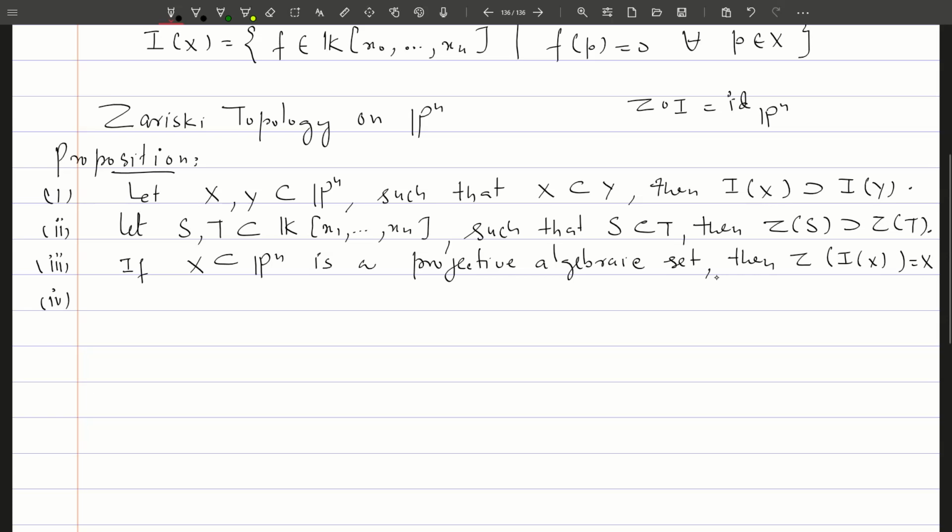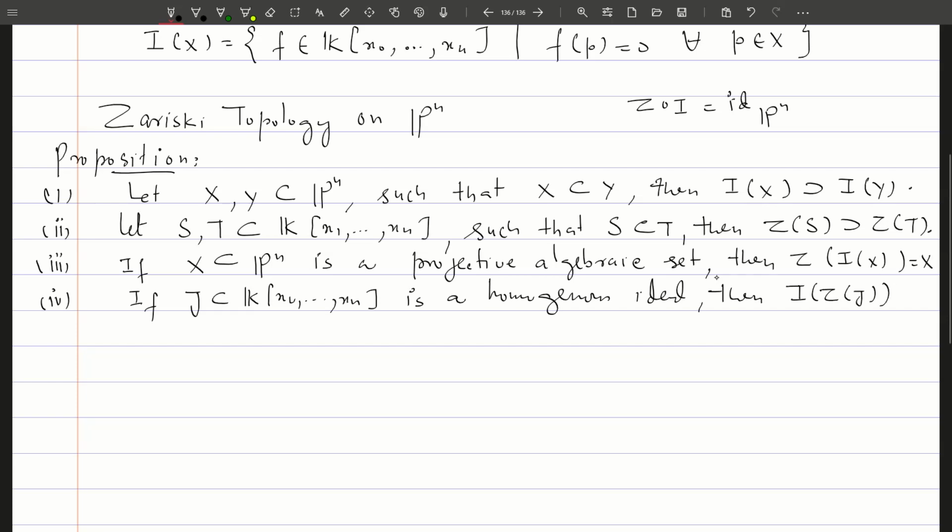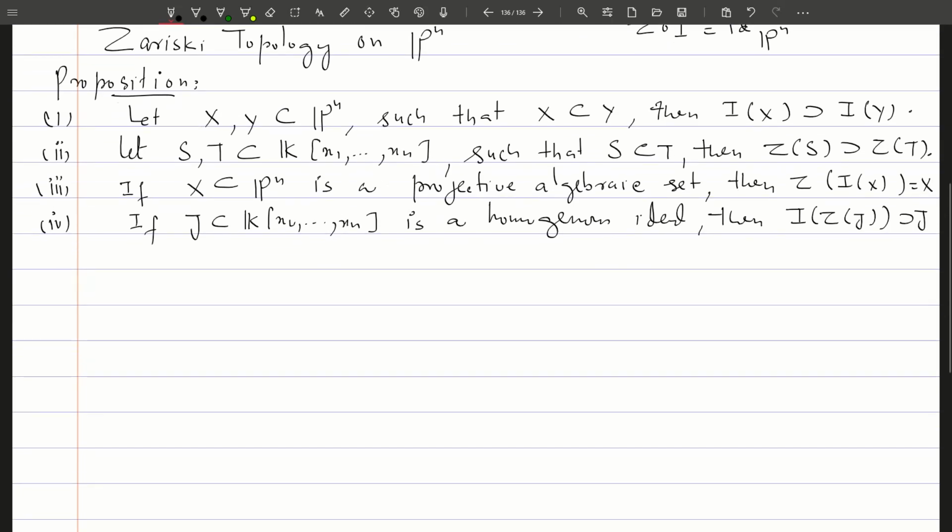So finally for the fourth item, if J is an ideal in the polynomial ring, so this is a homogeneous ideal, then the ideal of the zero set of the ideal J actually contains the ideal J. So this is also the same as in the case of affine spaces.